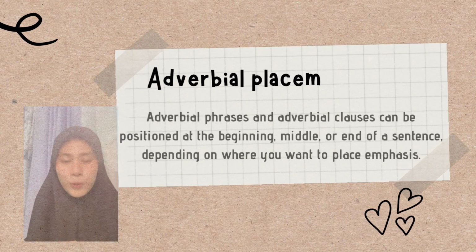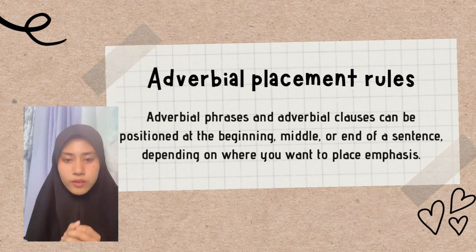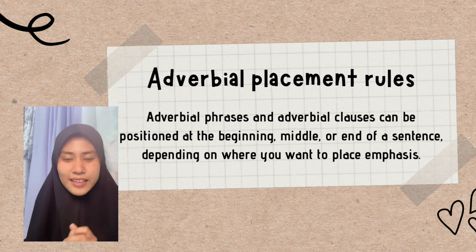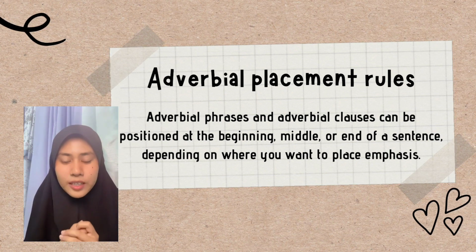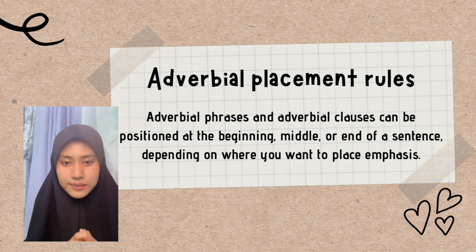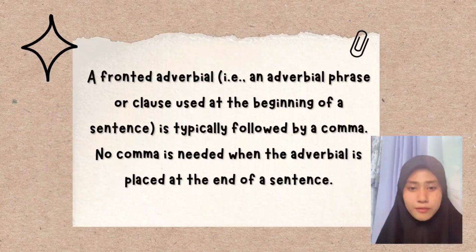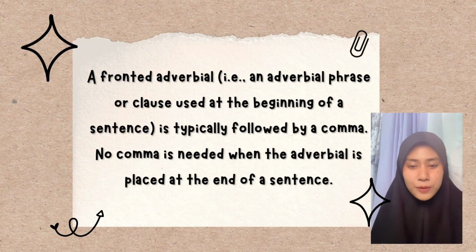Adverbial placement rule: an adverbial phrase or adverbial clause can be positioned at the beginning, middle, or end of a sentence, depending on where you want to place emphasis. An adverbial phrase or clause used at the beginning of a sentence is typically followed by a comma.